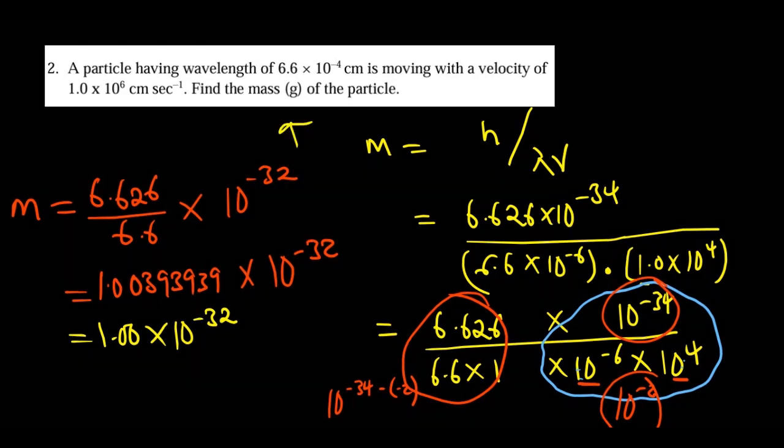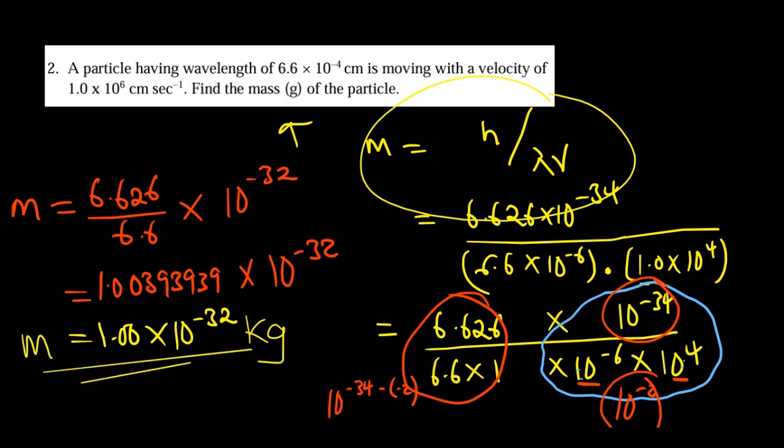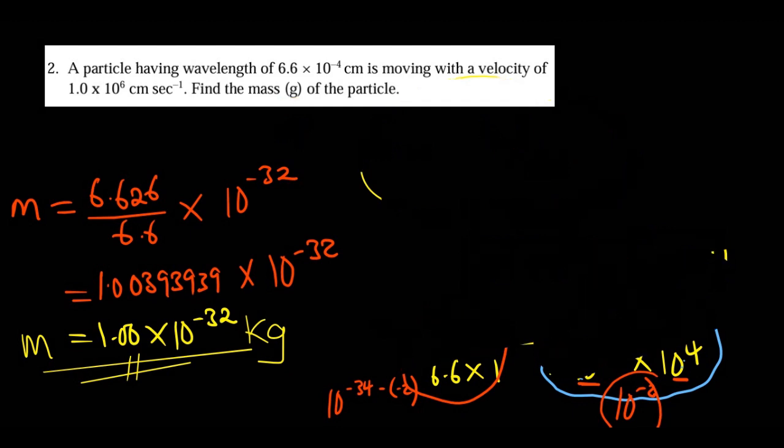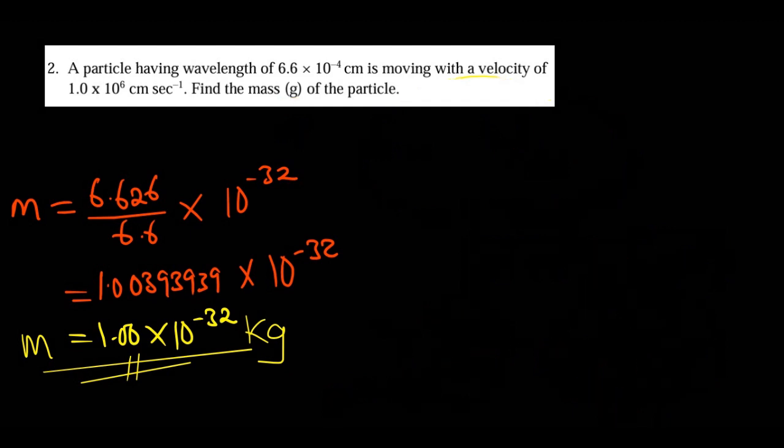And remember, the mass from this formula, we said it will always be in what? Kgs. So this is the mass in kgs, and now you want to change this mass into grams, because in the question they said we should change the mass into what? The grams. So we can change that kg to gram.